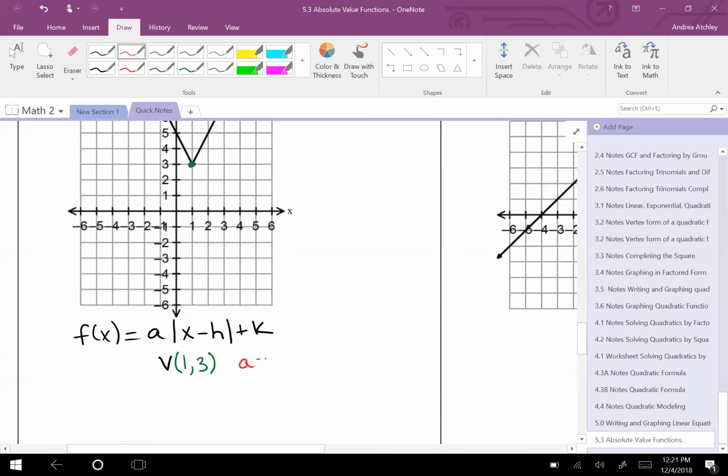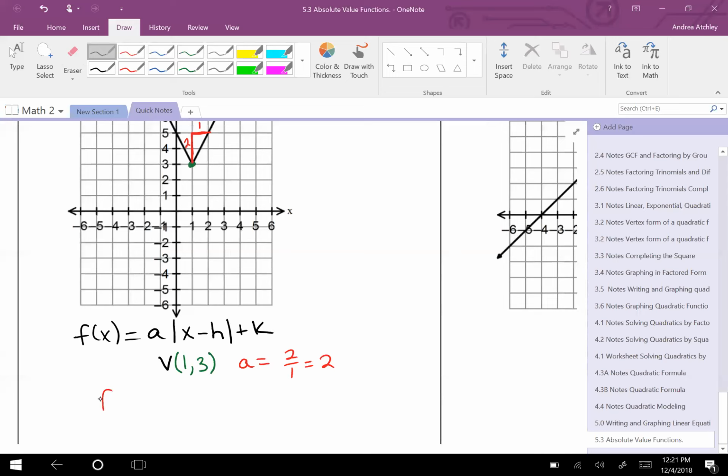And then we need to identify the a value. From the vertex, how far up did I move and over? So it'd be 2 over 1, which is just 2. My graph is facing up, so I know it's a positive 2 and not a negative. Then you just plug it in.